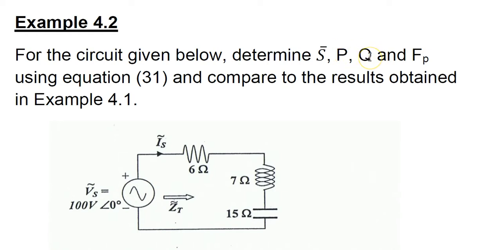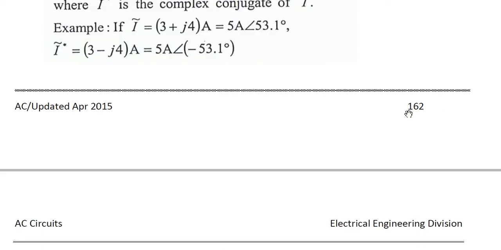We want to determine Q, the reactive power, and also the power factor. Equation 31 refers to our lecture note, and then we want to compare the results we obtained in example 4.1 in an earlier video. So let's quickly visit what is equation 31.